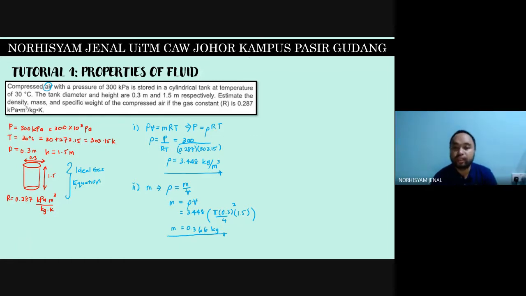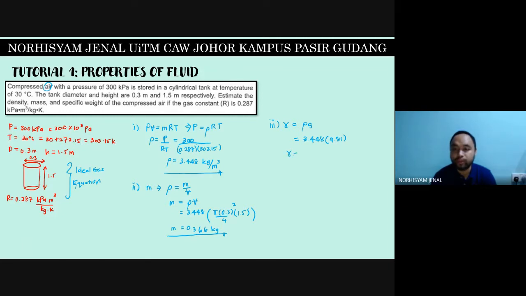Okay, and then the next one, number 3, should be the specific weight. The specific weight is equal to rho times g. So the density 3.448 multiplied by 9.81.